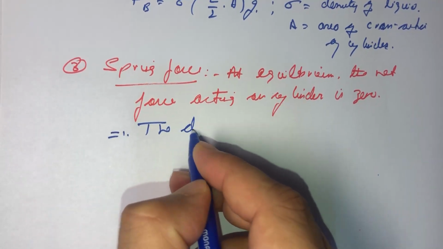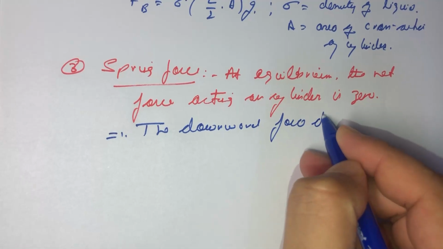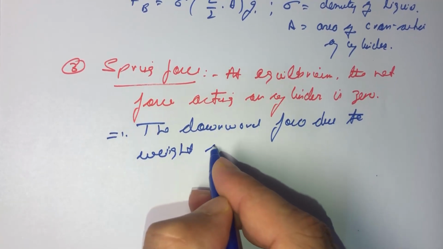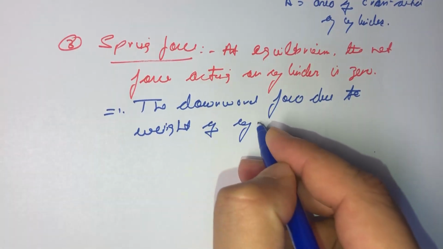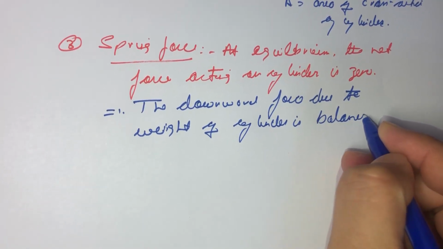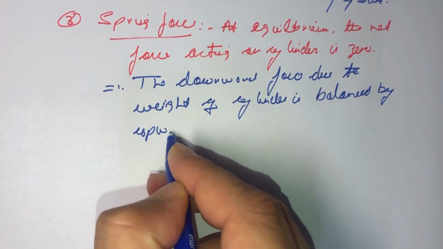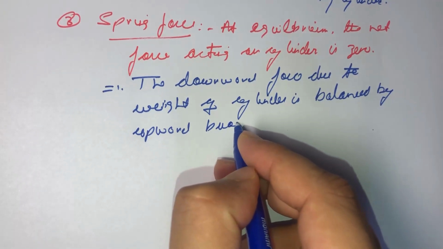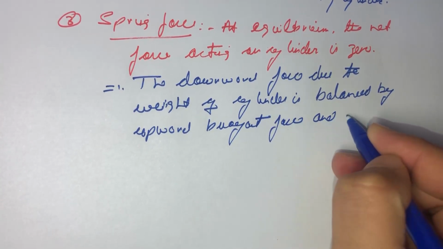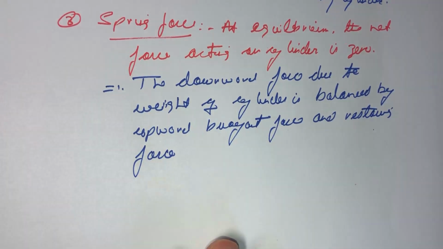Therefore, the downward force due to the weight of the cylinder is balanced by the upward buoyant force and the restoring force of the spring.